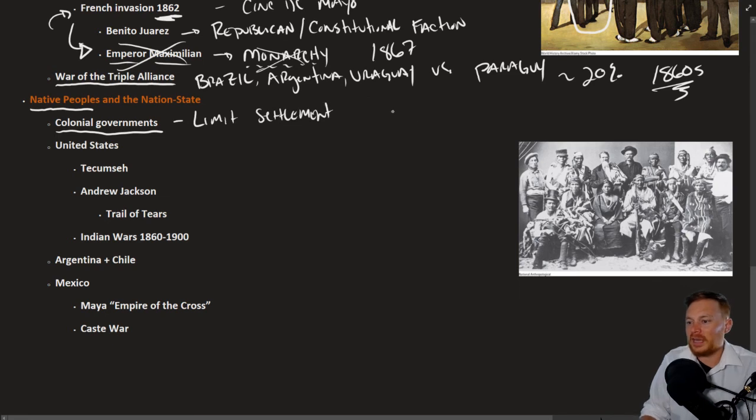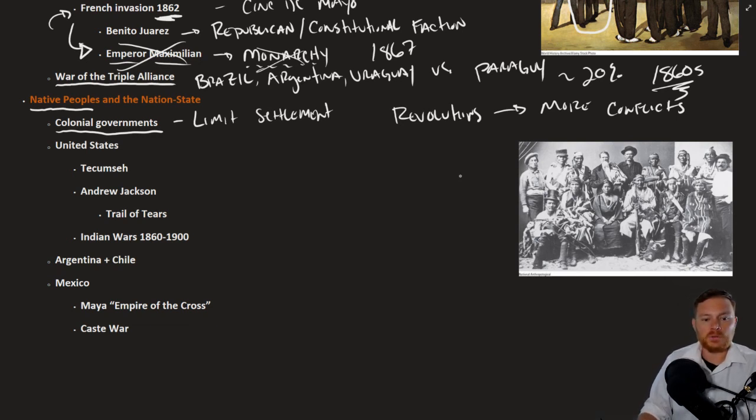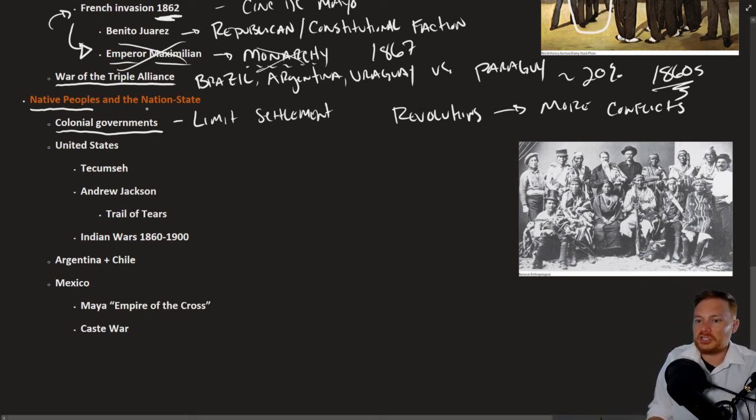That is to say, after the revolutions, the revolutions led to more conflicts, right? That is to say that once colonial officials were kicked out, once British officials were kicked out of the U.S., once Spanish officials were kicked out of Latin America, then those nation states could pursue a more aggressive policy of land acquisition and ultimately put them into conflict with Native Americans.